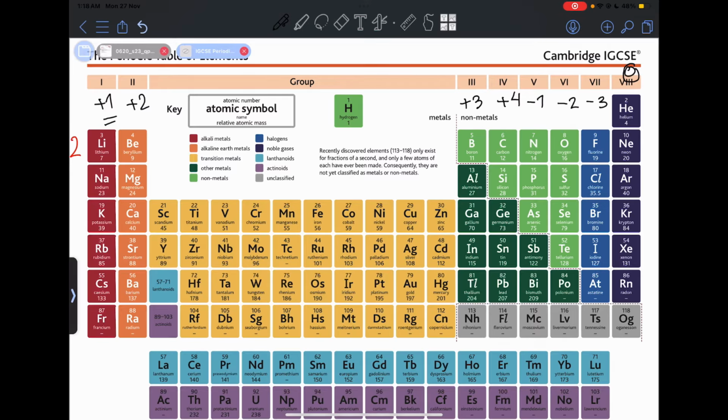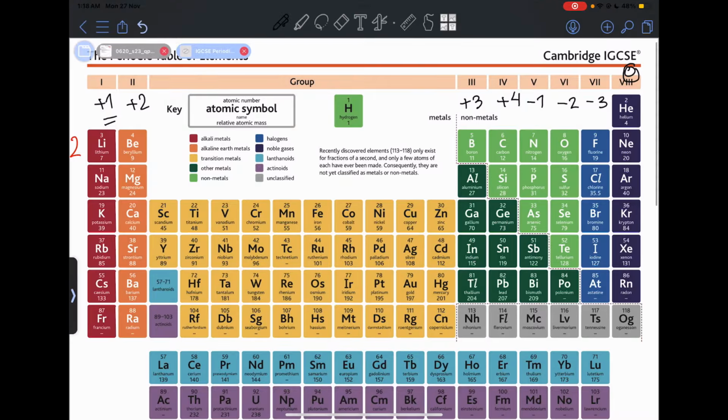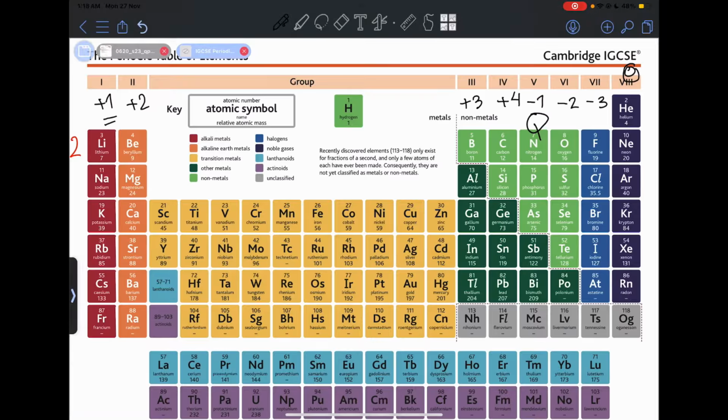So over here in the question, it says which statement about Q and R is correct. If we have something that has 7 electrons in its outer shell, then it will be in this area. For example, Q will be here. And if we have something that has +2, it will be on the metal side. So R is actually a metal and Q is a non-metal.